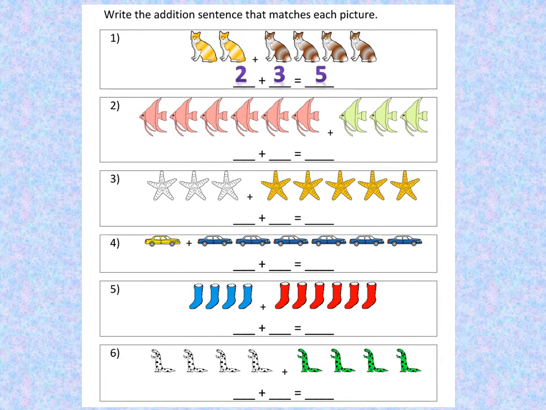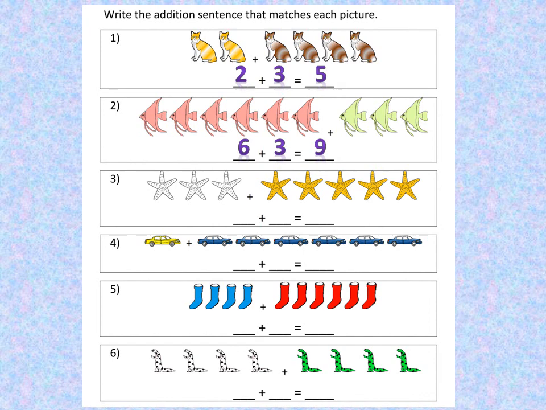Then the next one. How many fish are there? There are 6 pink color fish and 3 green color fish. Altogether there are 9 fish. 6 plus 3 is equal to 9.